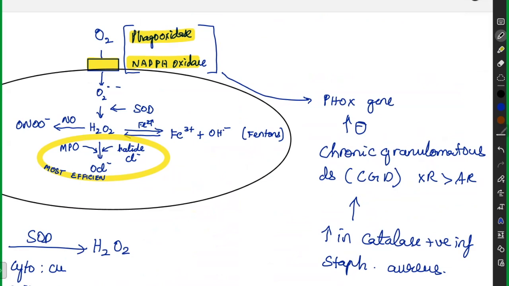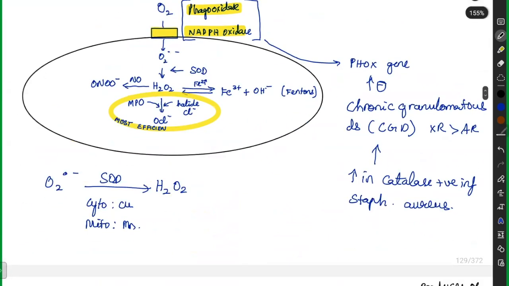So how will you diagnose this? We are going to diagnose this by the test called nitroblue tetrazolium test. This depends upon the direct reduction of NBT by superoxide free radical to form an insoluble formazan.